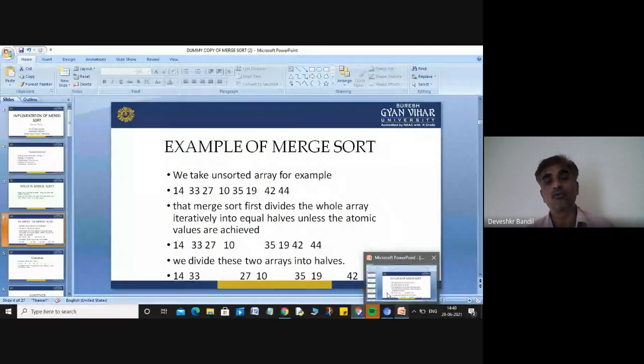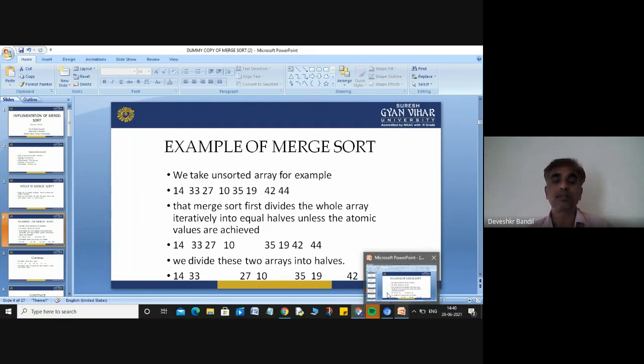Your left half will be 14, 33, 27, and 10, and your right half is 35, 19, 42, and 44. So the first half contains 4 items and the second half contains 4 items.